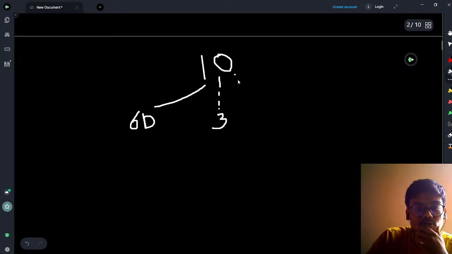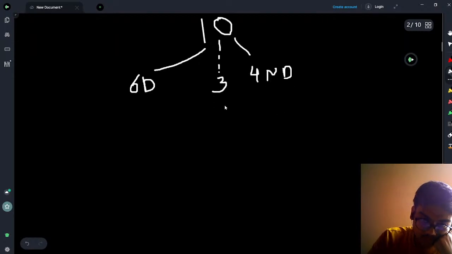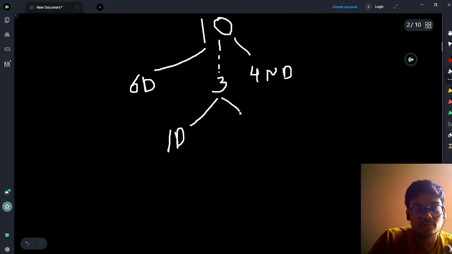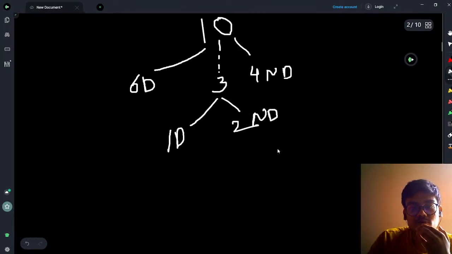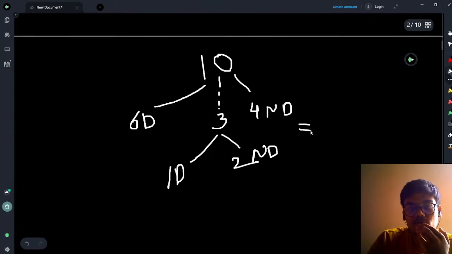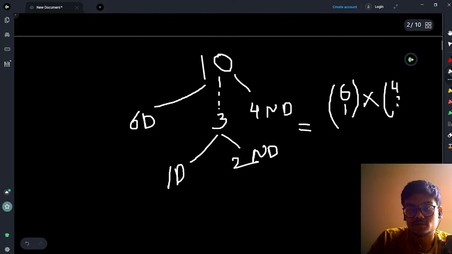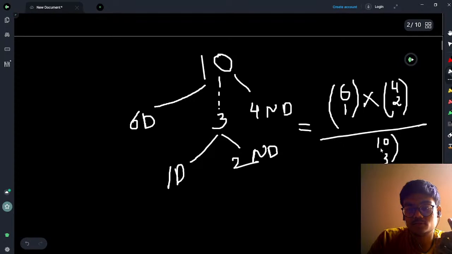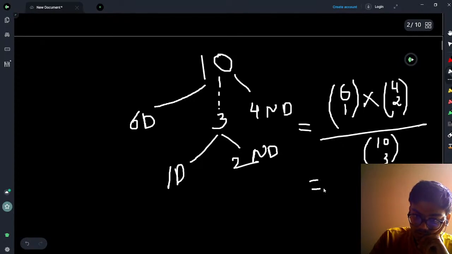We have to select 3, exactly 1 damaged and 2 non-damaged. So the case here is: from 6 select 1, into from 4 select 2, over from 10 select 3. 3 by 10 is the answer.